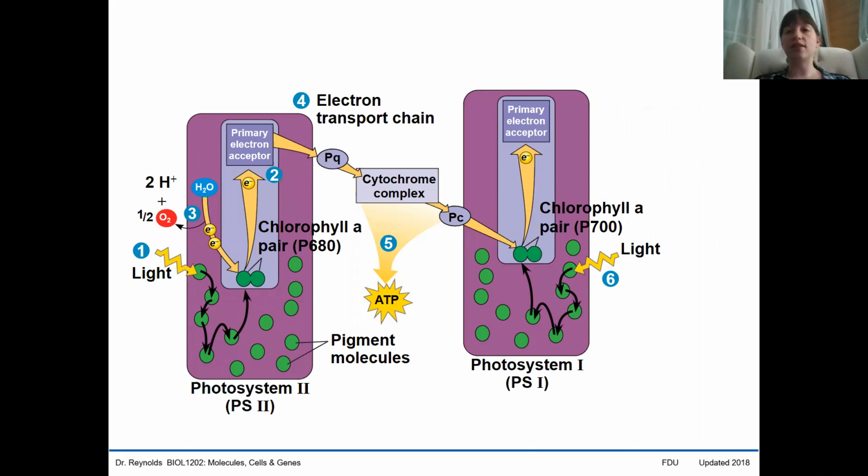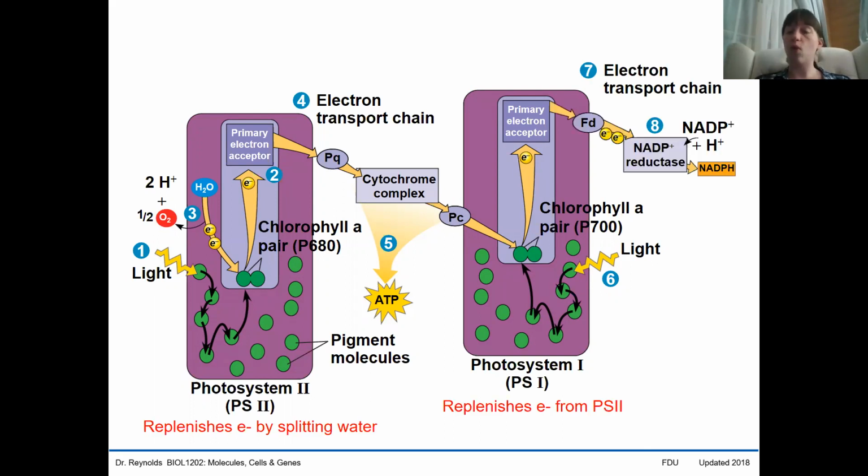Those electrons in chlorophyll A get excited and re-energized by these light harvesting complexes, re-harvesting energy from the sun, and then that electron pair again gets donated to a primary electron acceptor. But in this case, photosystem 1 is going to donate those electrons to a pair of NADP+, reducing it to NADPH, and going off to do other jobs in the cell.